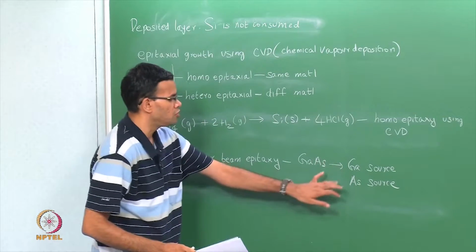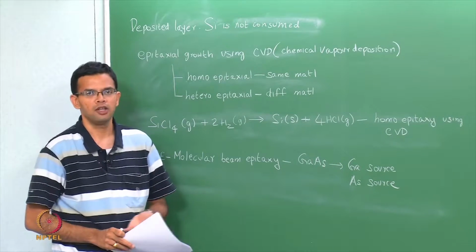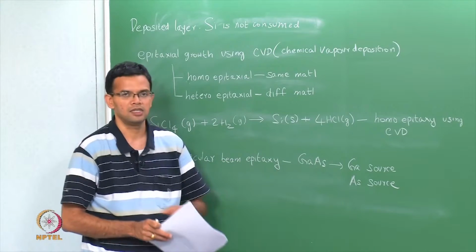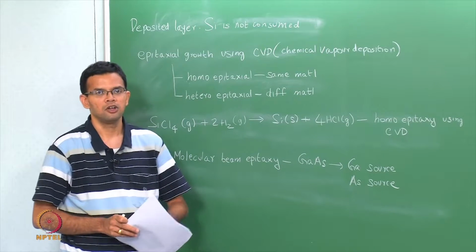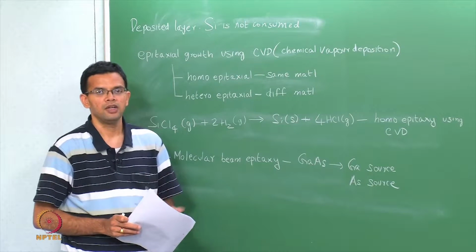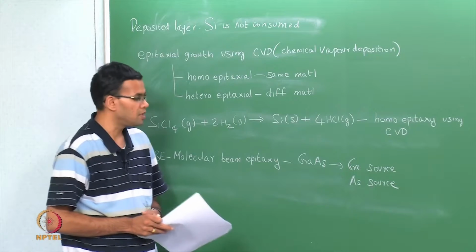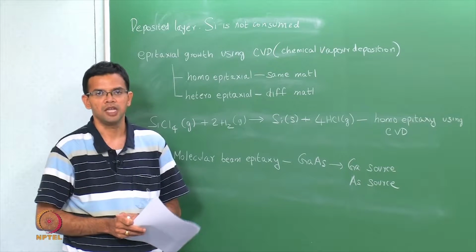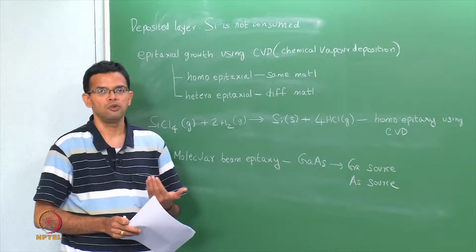Both of these sources are used to produce molecular beams of gallium and arsenic, which are deposited onto the surface and form gallium arsenide. The advantage of MBE is that a very precise composition can be obtained. It is also possible to dope.